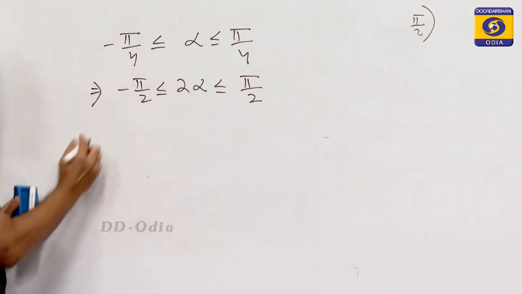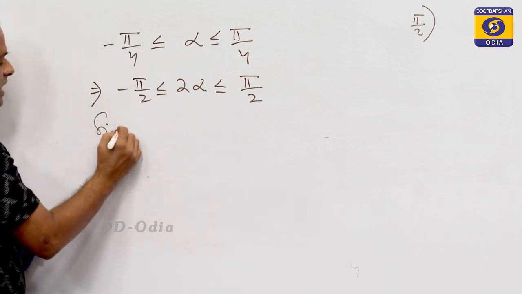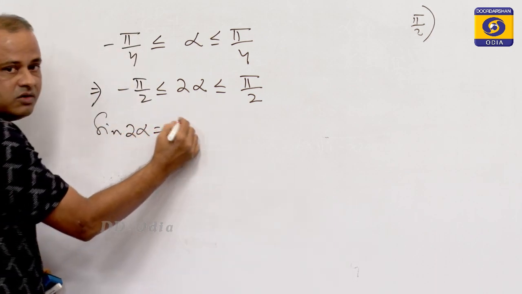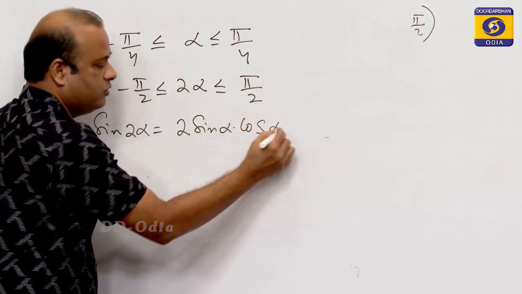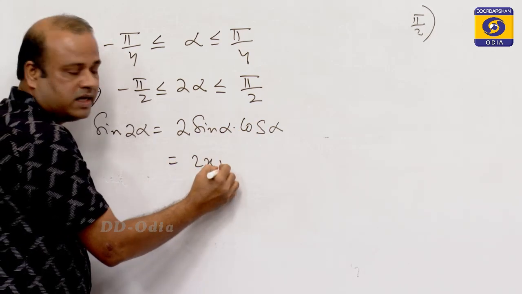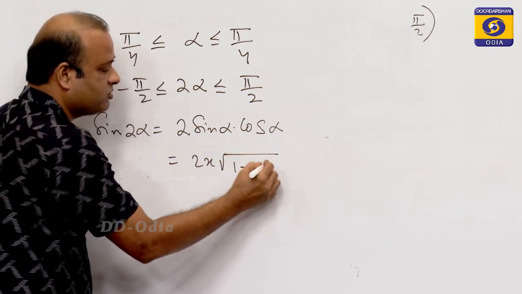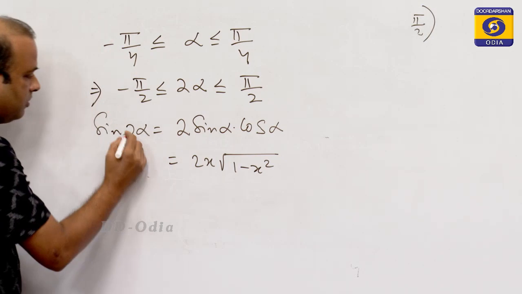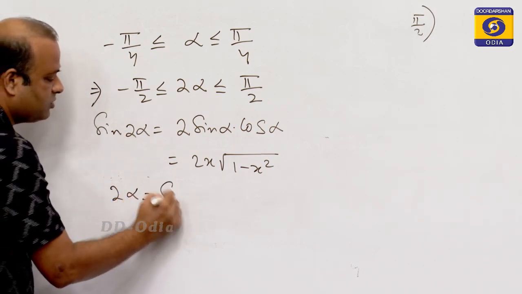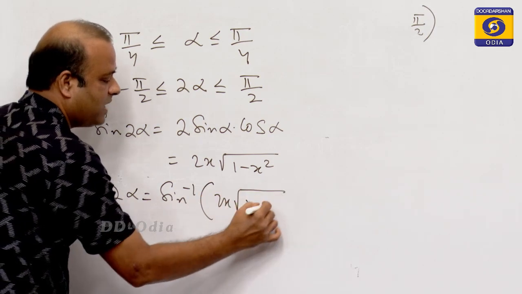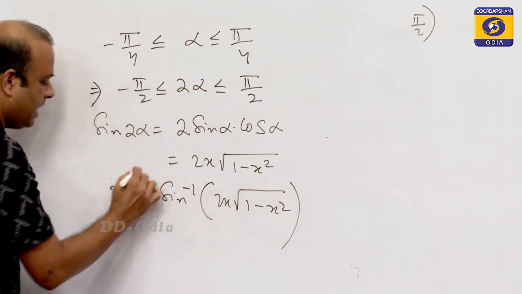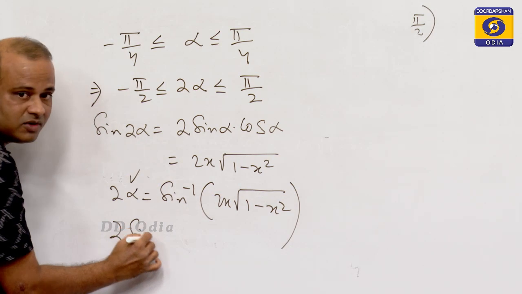So, sin 2 alpha is equal to 2 sin alpha into cos alpha, which is equal to 2x into root over of 1 minus x square. Now 2 alpha is equal to sin inverse of 2x into root over of 1 minus x square. So put alpha is equal to sin inverse x.